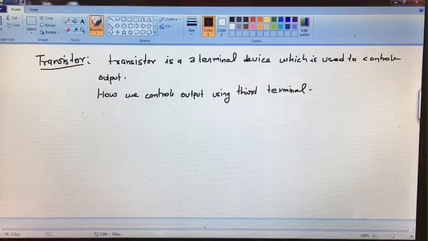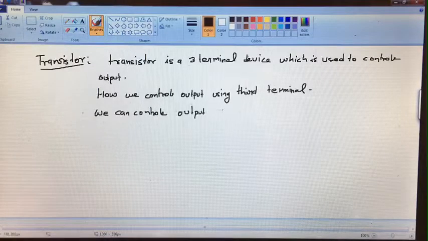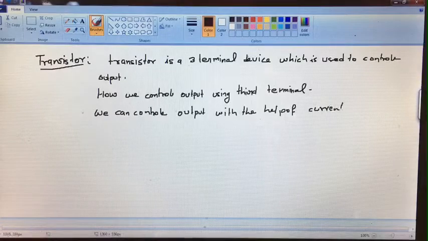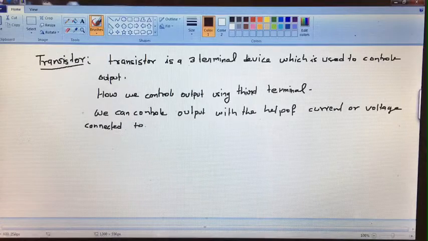In this case, we can control output with the help of current or voltage connected to third terminal.